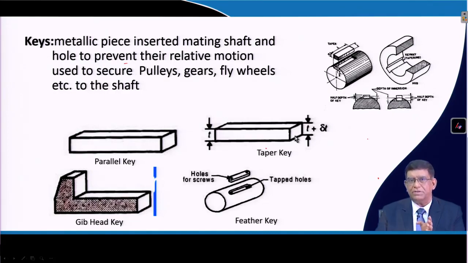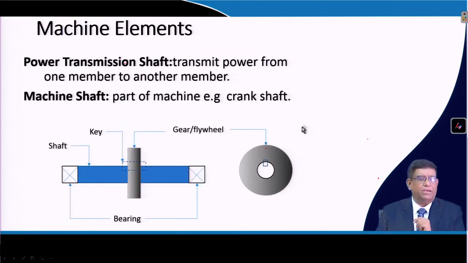To judge whether they are doing the maintenance engineering job properly or not, you must have this knowledge behind you. Then other elements, such as the power transmission shaft, the machine shaft, how exactly the power will be transmitted, are also covered by machine elements.